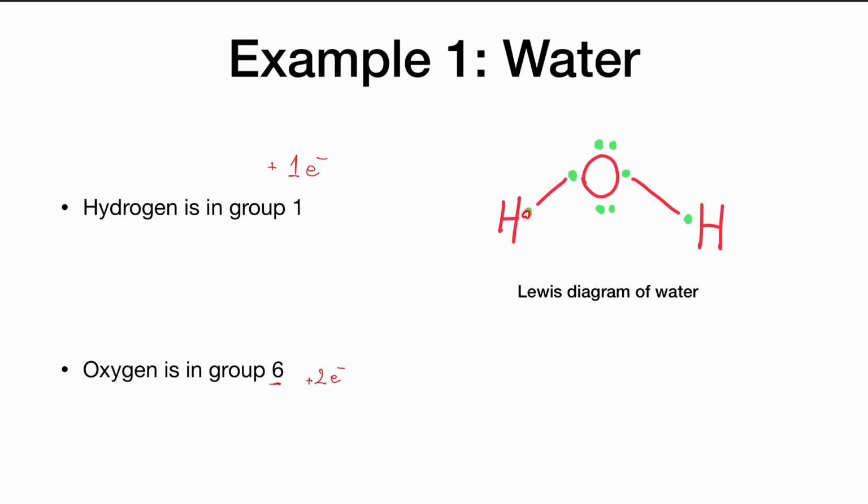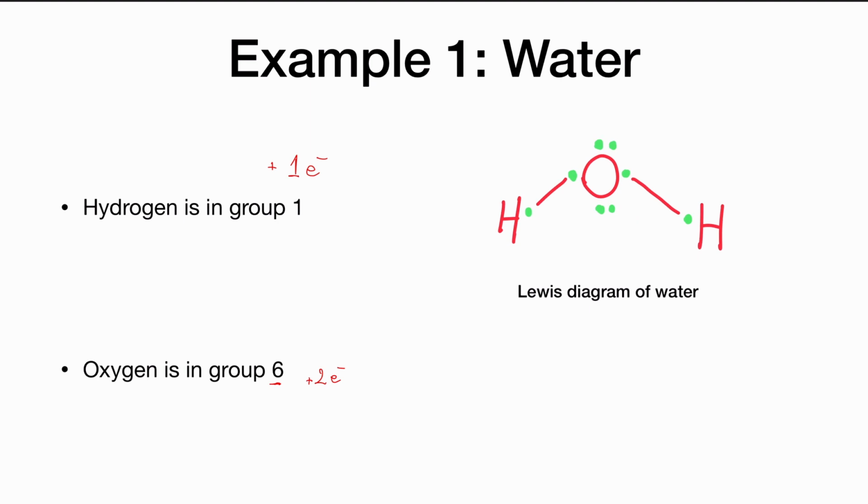The green dots here correspond to electrons that are covalently bonded to the oxygen and the hydrogens. So, again, oxygen has 6 electrons in its outermost shell. And look, 1, 2, 3, 4, 5, 6. That's what this Lewis diagram shows us.